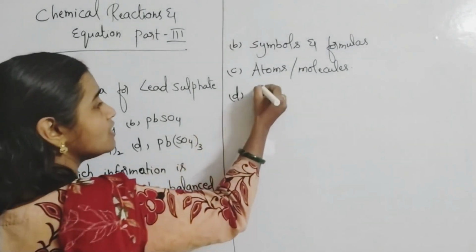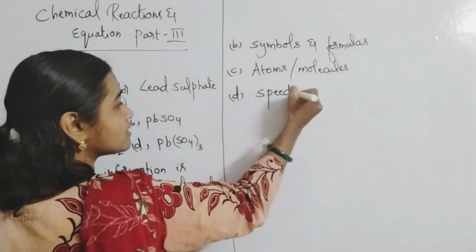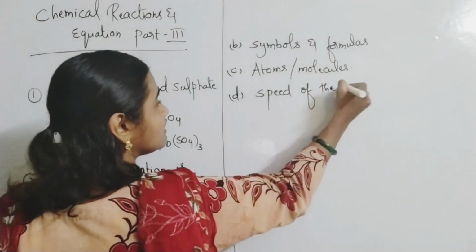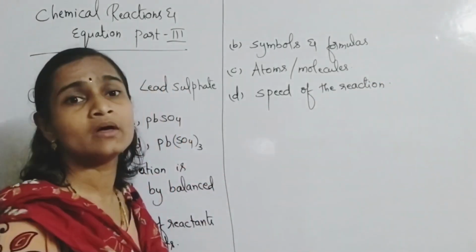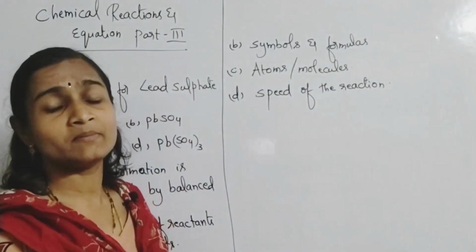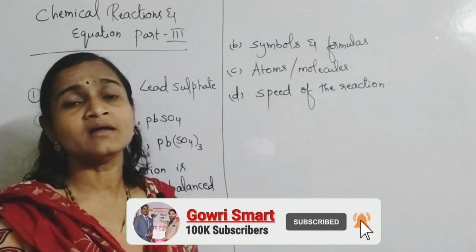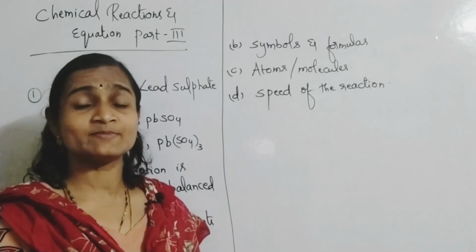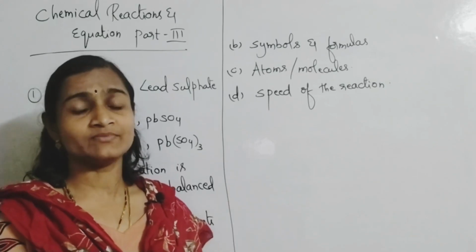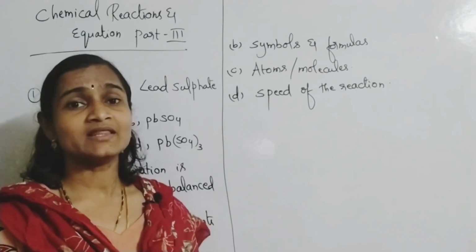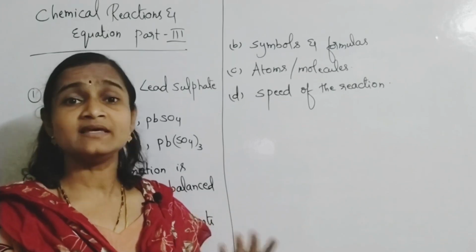Here option D is given as speed of a reaction. Yes, it is not conveyed in the symbolic form. By seeing the chemical equation of a reaction, can you say whether the reaction takes place instantaneously or takes a long time, whether it is a fast reaction or a slow reaction?